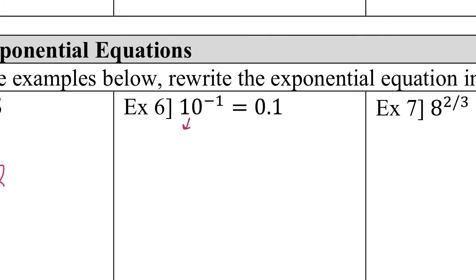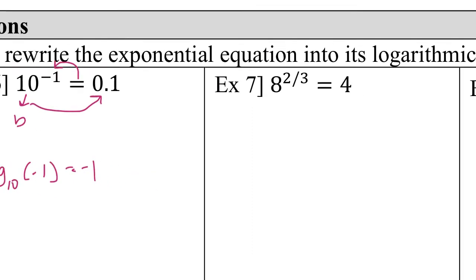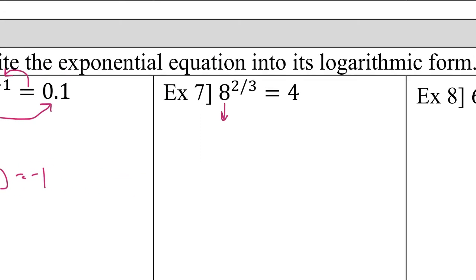So 10 is your base, so it's going to be log base 10 of 0.1, you can use parentheses or not, it's up to you, is equal to negative 1. 8 is the base, so it's going to be log base 8 of 4 is equal to 2/3.